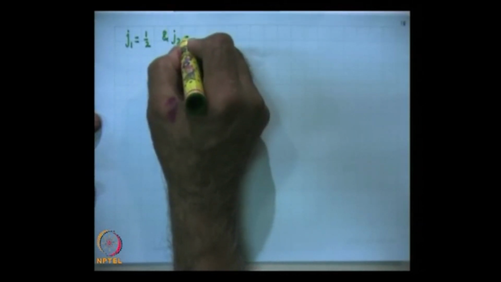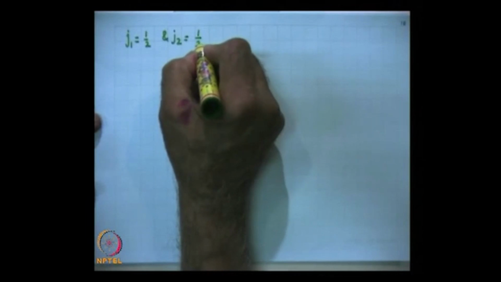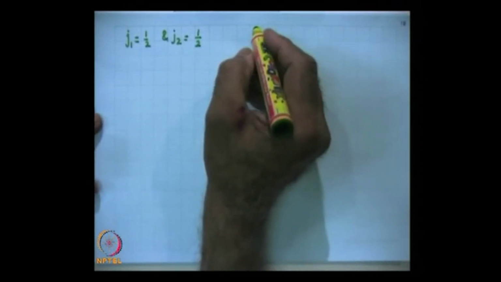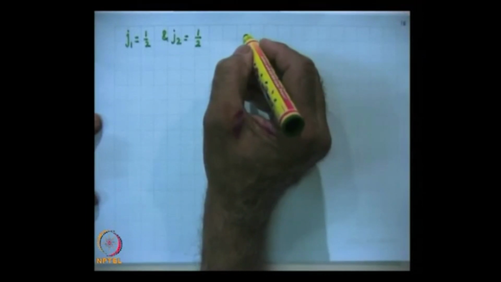and we wrote down that J1 equal to half. So, therefore, M1 is equal to half and minus half, and J2 is equal to half. So, M2 is equal to plus half and minus half.